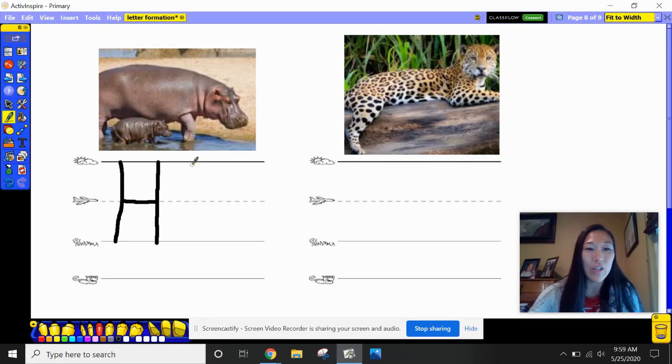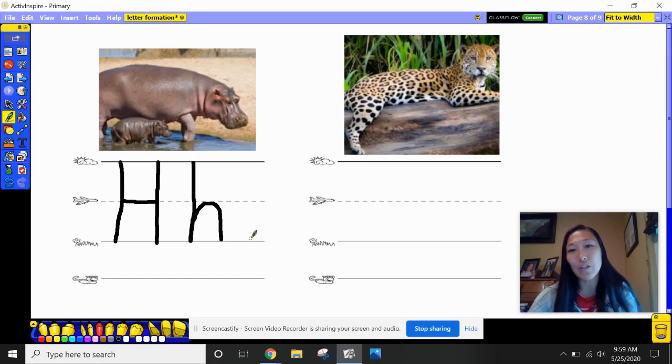Very good. And the lowercase h, we're going to start at the skyline, go down to the grass line, trace up to the plane line, and hump down to the grass line. H, hat.